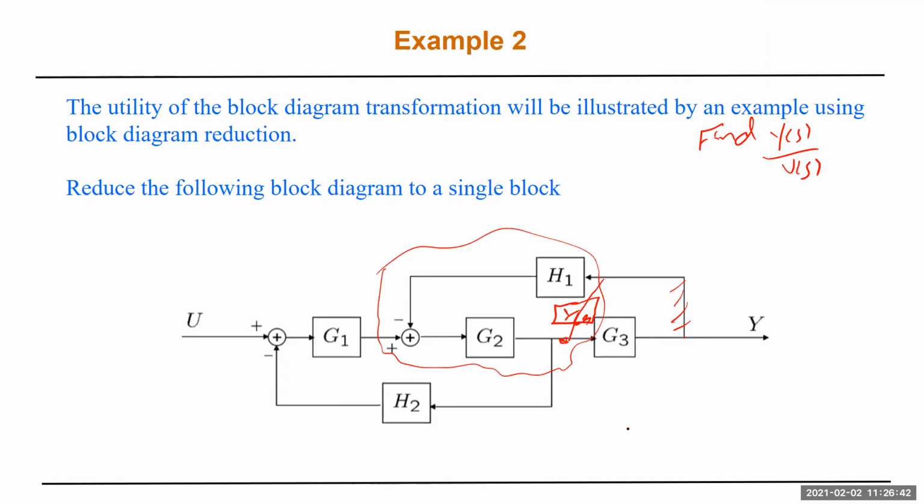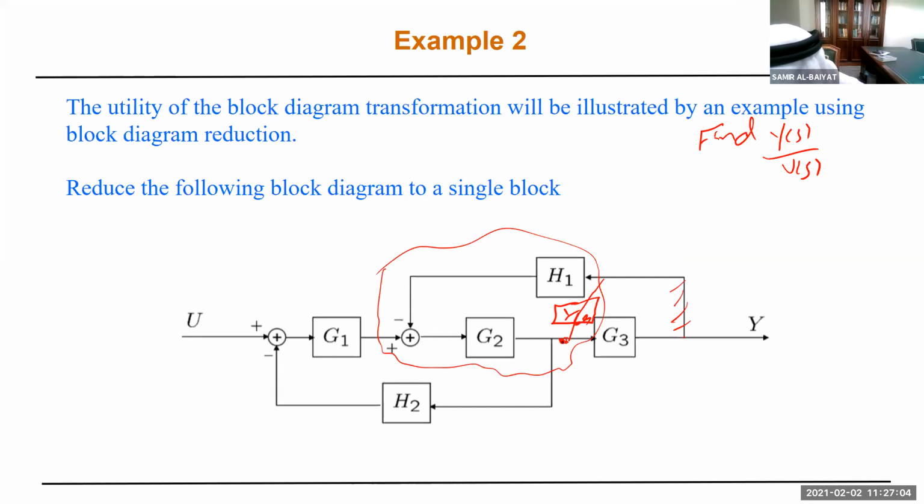Y over G3. So I have to divide by G3. Not multiply to become Y? No, you divide by G3. Sorry, wait. Yeah, no, you are right.